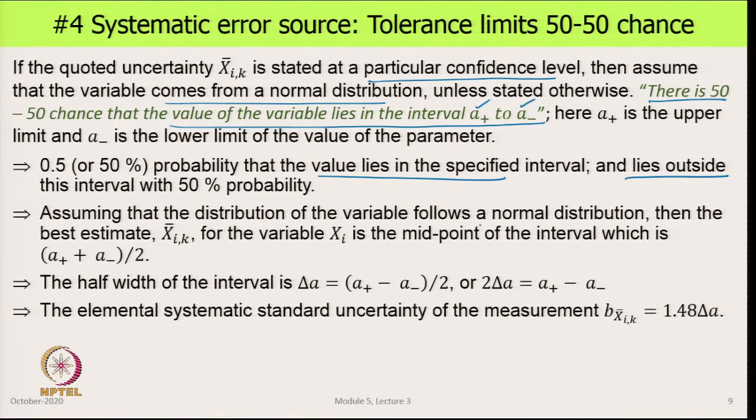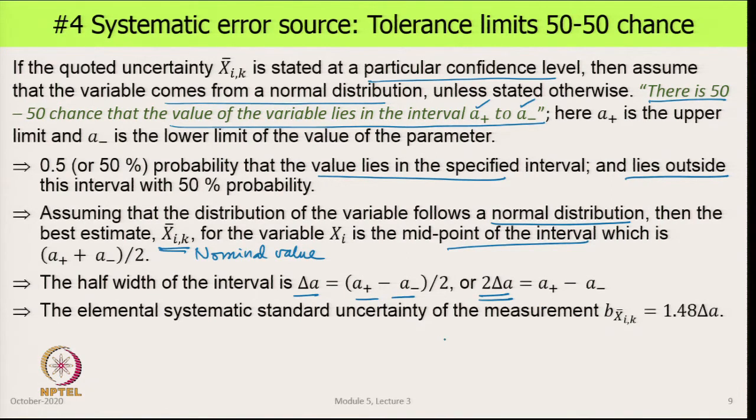So, assuming the distribution follows a normal distribution, the best estimate of Xik is the midpoint of the interval, which is a plus a minus by 2. So, this is the nominal value or the mean value. The half width of the interval delta A is the value of these divided by 2, or 2A is a plus minus a minus.